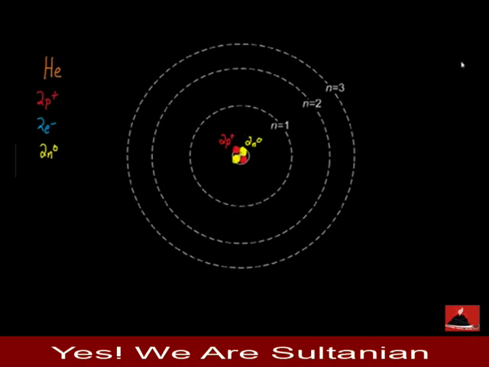Now, according to Bohr, the electrons are in set positions. They're in set shells. The question is, how many can I have in each of these shells here? The n equals 1 shell right here, and the n equals 2, and n equals 3, and actually n equals 4, n equals 5, n equals 6, etc. And actually, a thing to note, the further out you go, the closer that these shells get.